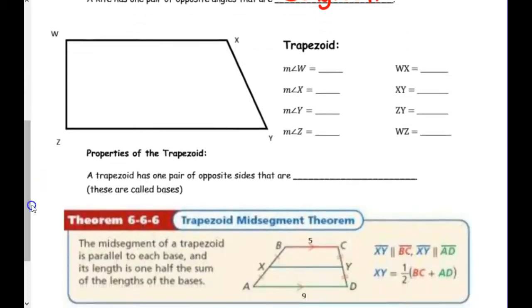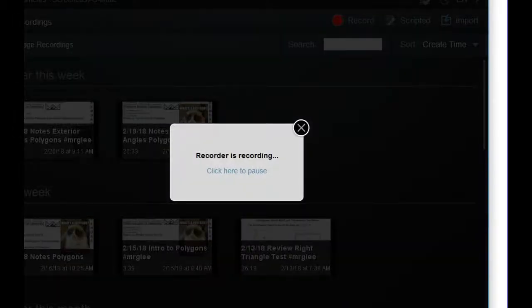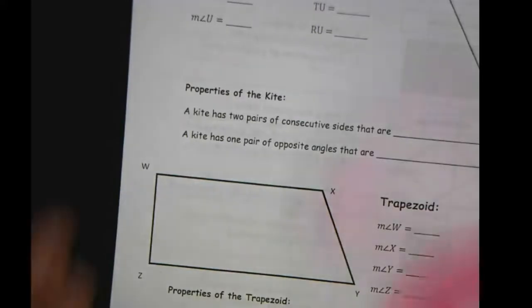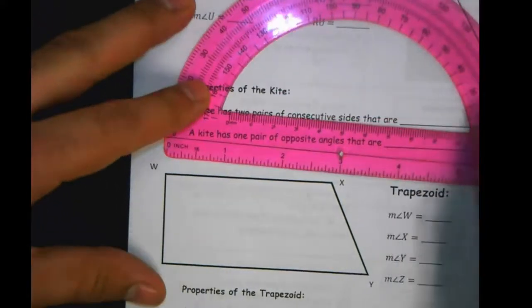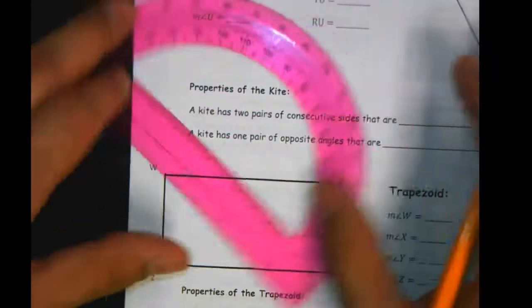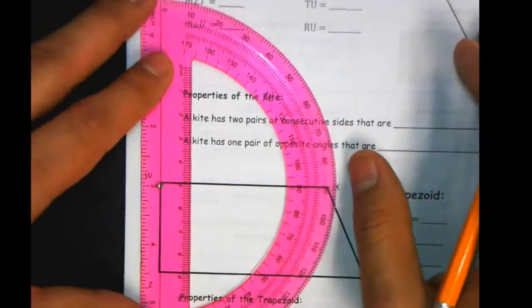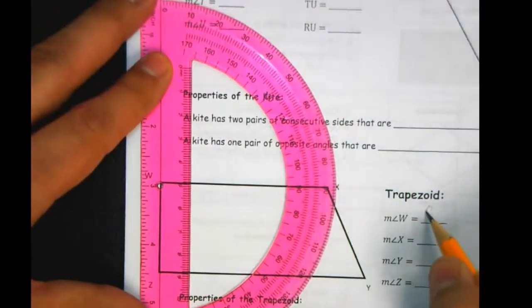So trapezoid, though, for real. Let's measure this stuff. And if I can hit the right button, here we are. All right. So trapezoid. All right. So angle W. If you line it up right here, we got 90.